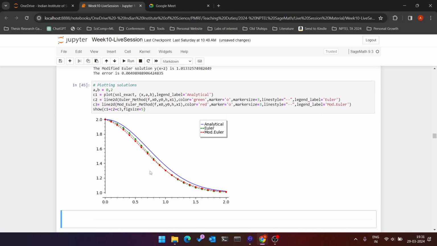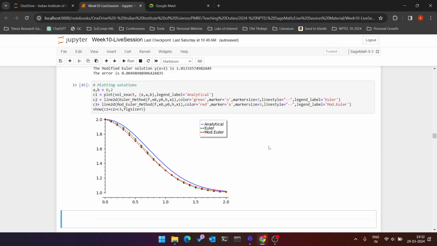Maybe if we play around with different functions, we'll see a slightly different nature. But the key idea is that as you go more and more into x along the x-axis, modified Euler becomes closer and closer to your exact analytical solution as compared with the vanilla Euler, or the standard Euler method.